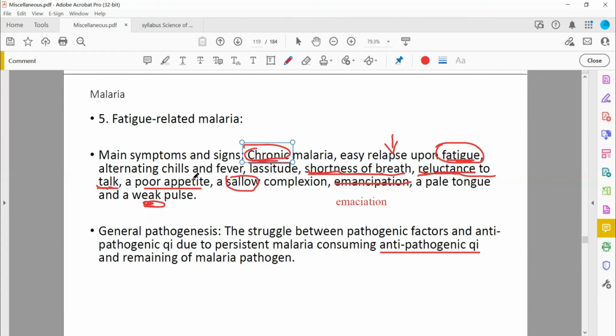But when you say poor appetite, sallow complexion, you could think it could be spleen, right? And those ones, fatigue, everything worse upon fatigue, shortness of breath, don't want to talk, because not enough qi. Yeah, this is general qi. So that means it could be affecting the spleen qi, the spleen organ.